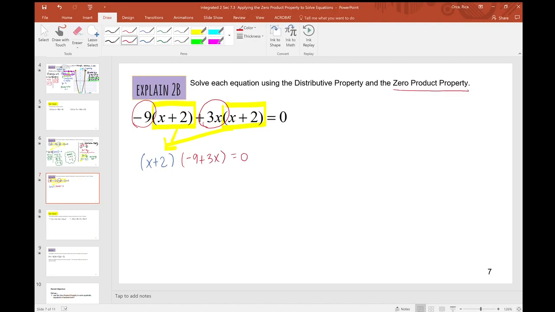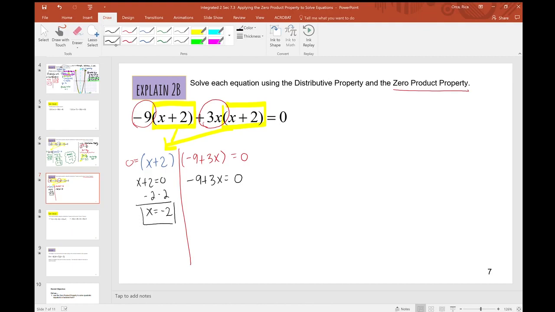To use the zero product property, we want to set each factor equal to 0. So x plus 2 equals 0, and negative 9 plus 3x equals 0. Now let's solve each equation. In the first equation, we want to subtract 2 from both sides. That's going to give us 0 minus 2 is negative 2.